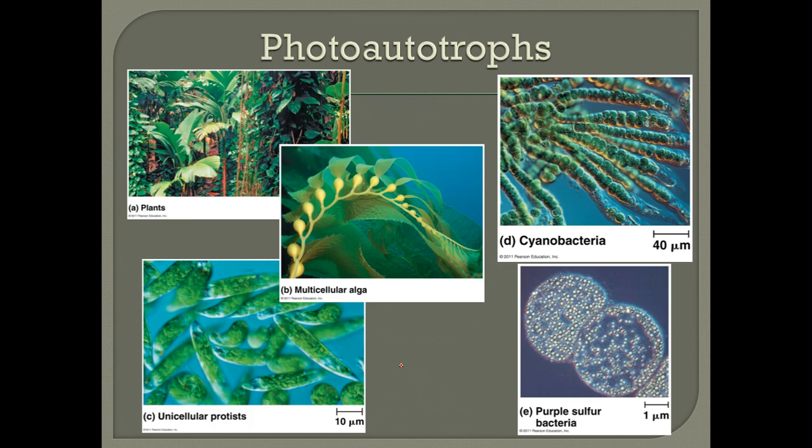Here are some pictures to put that together, and we're just looking at the big picture now to get you thinking about why we actually care about any of this, because it gets pretty complex. So here are some different examples of photoautotrophs. Just recognize that there's a wide variety here. Plants are the ones we talk about most commonly, but then there's multicellular algae, which depending on who you talk to could be classified as plants or as something else. Then there are unicellular protists.